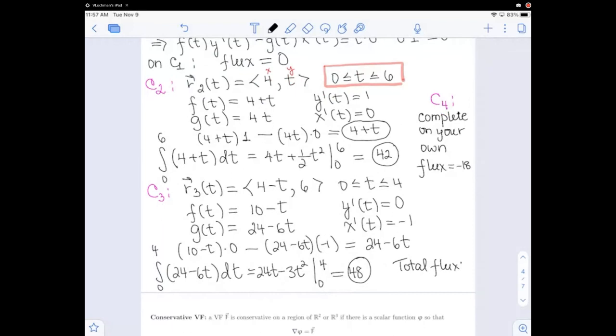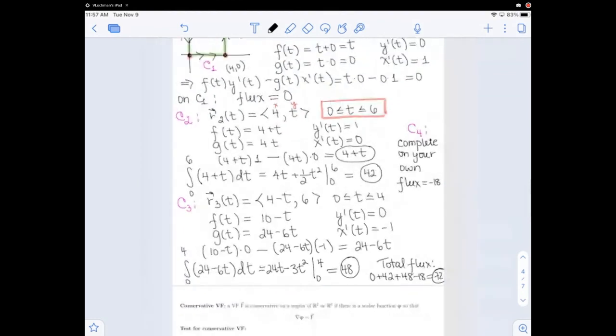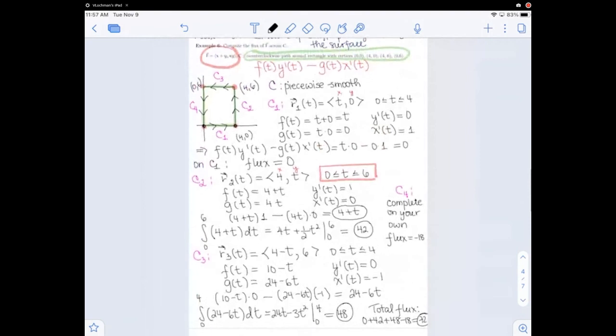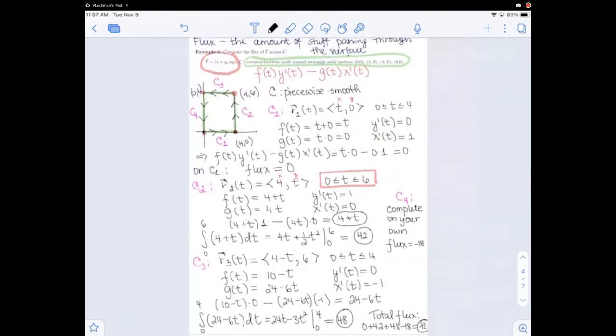Okay, what is it? 0 plus 42 plus 48 minus 18. We add them all up and we get 72. Okay, so this solution right here is pretty involved, right?